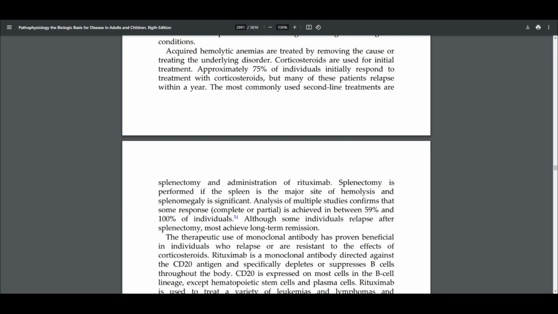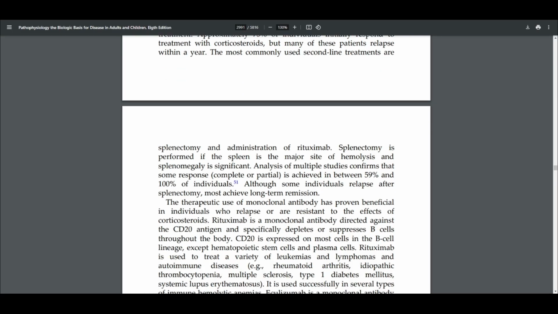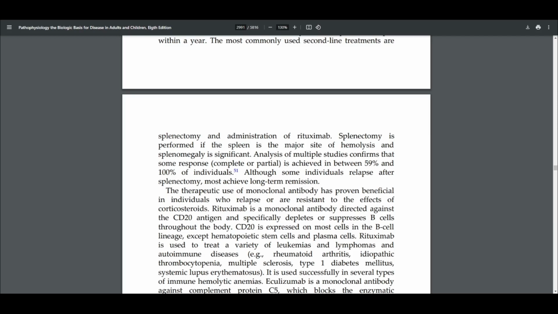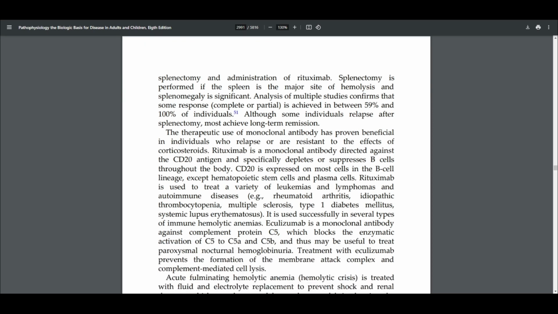The most commonly used second-line treatments are splenectomy and administration of rituximab. A splenectomy is performed if the spleen is the major site of hemolysis and splenomegaly is significant. Analysis of multiple studies confirms that some response is achieved in between 59 and 100% of individuals.